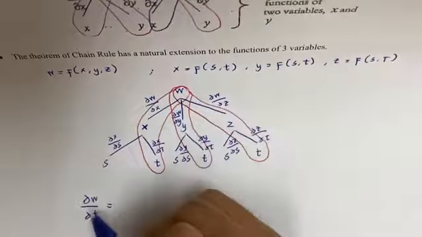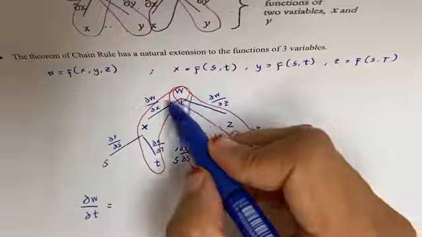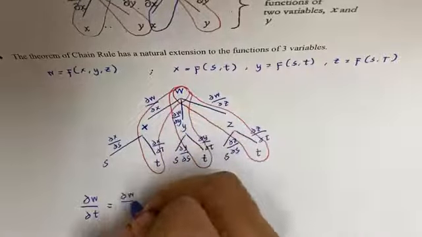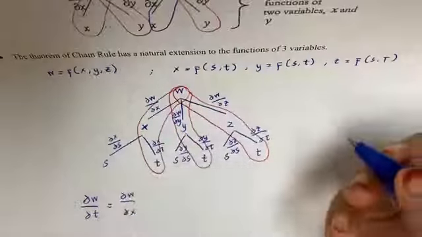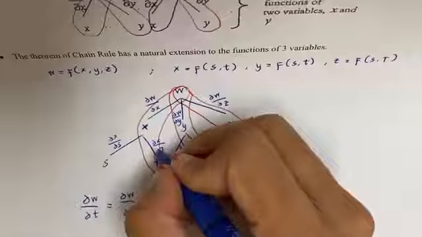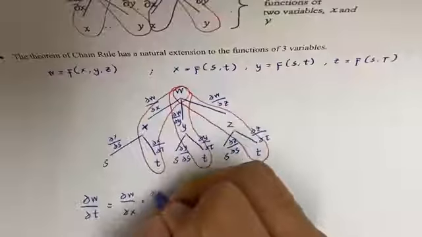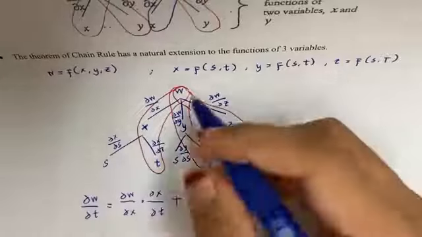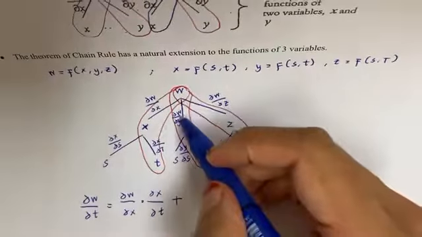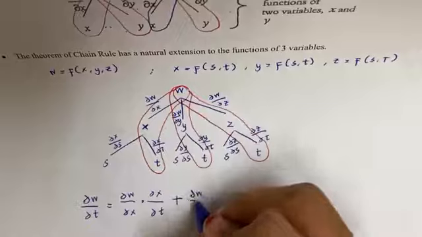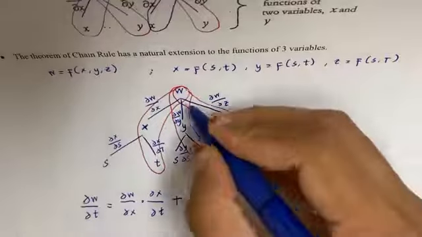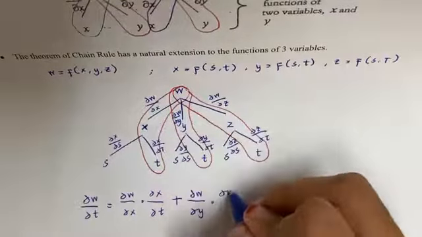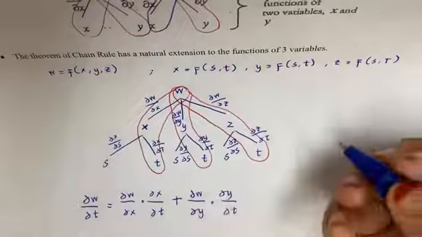So from here, to find ∂w/∂t, you have ∂w/∂x multiplied by ∂x/∂t, plus from this branch ∂w/∂y multiplied by ∂y/∂t.